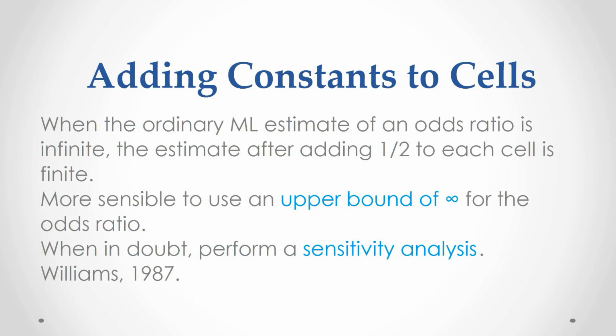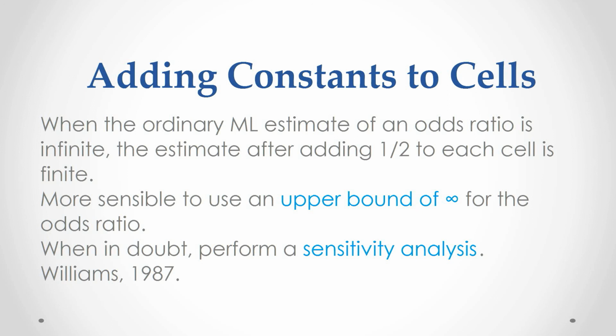The general recommendation is that when ordinary ML estimates of an odds ratio turn out to be infinite, the estimate after adding half to each cell is finite. However, this is not recommended, and it is more sensible to use an upper bound of infinity for the odds ratio, as we have no sample evidence to suggest that the odds ratio falls below any given value.